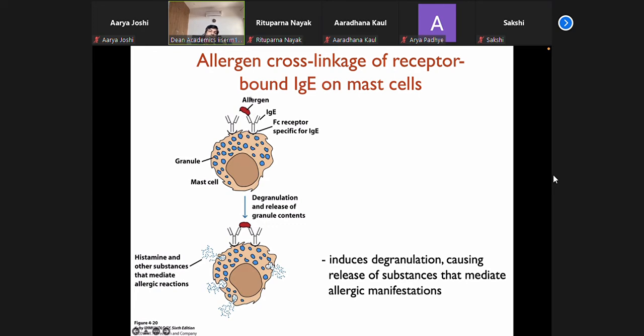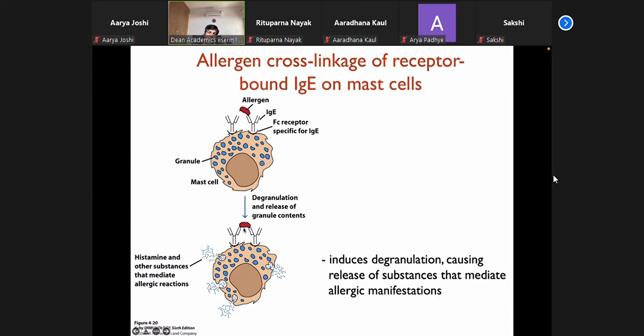As soon as you encounter this antigen, or in other words, we call it an allergen, for example, dust mites, pollen grains, all those things, right? They cross-link these two antibody molecules bound through Fc receptors. And these Fc receptors are specifically there for IgE.